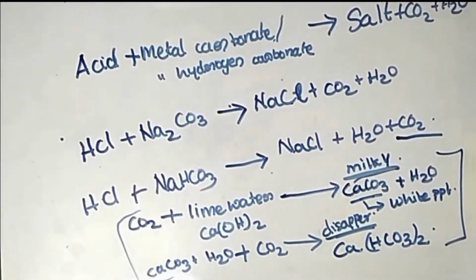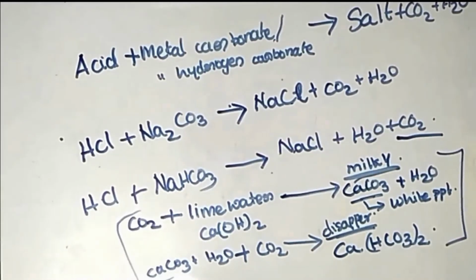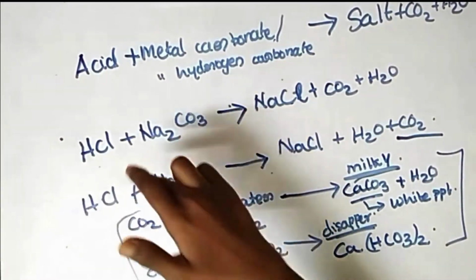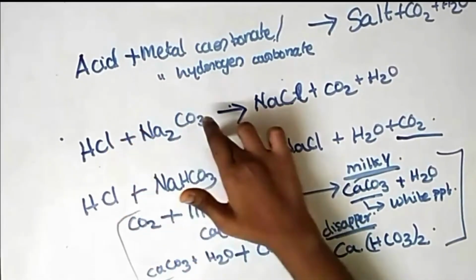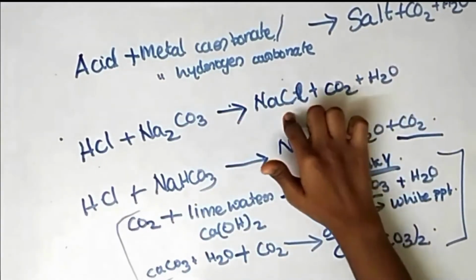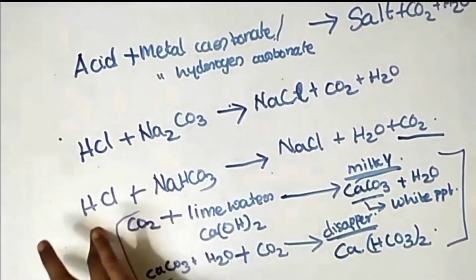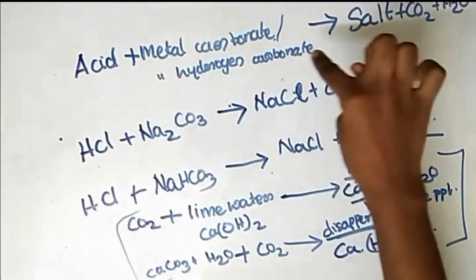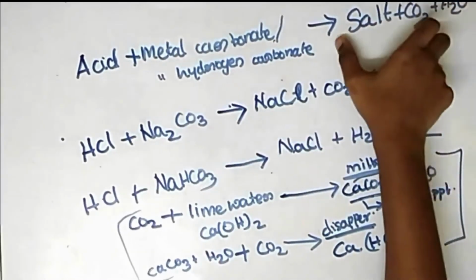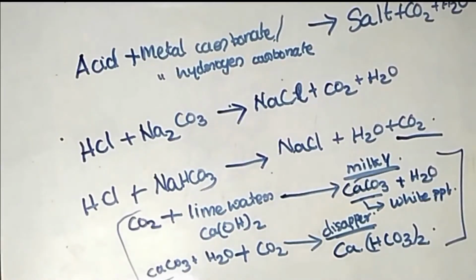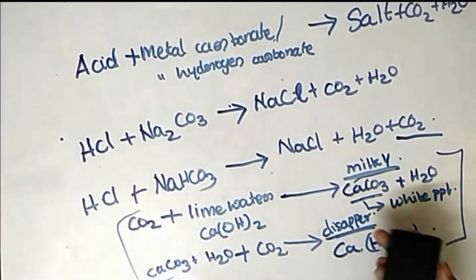In previous year questions also they asked about this section. When an acid reacts with a metal carbonate, like sodium carbonate, it forms salt plus water plus carbon dioxide. And when an acid reacts with a metal hydrogen carbonate, it also forms salt plus carbon dioxide plus water. We also covered the test for carbon dioxide.